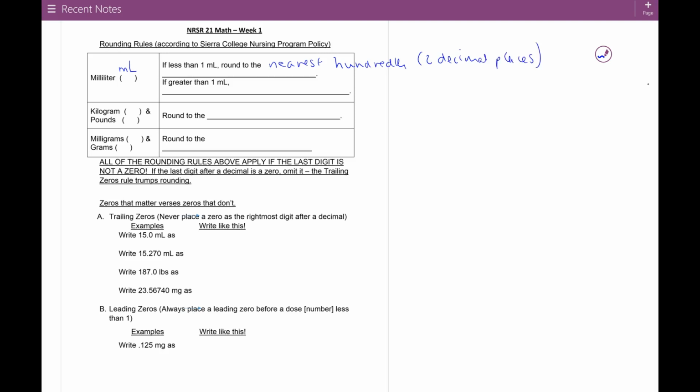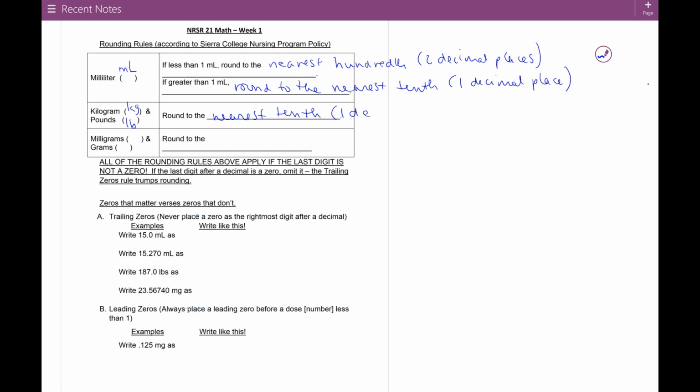And if it's greater than 1 milliliter, then round to the nearest tenth, which is 1 decimal place. Then if you're working in kilograms, kg, or pounds, lb, you round to the nearest tenth.